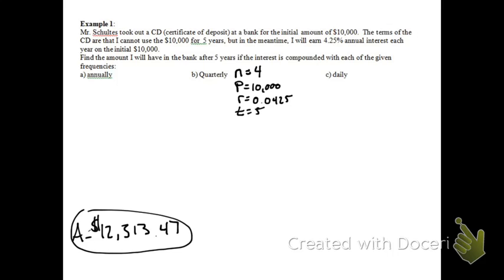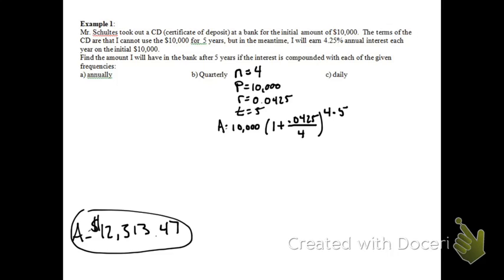So in this case, what I'm going to have to type in my calculator to find my final amount A is going to be 10,000, and then it's going to be 1 plus the rate 0.0425 all over 4, remember that's the n value, to the power 4 times 5. Remember it was to the power n times t.